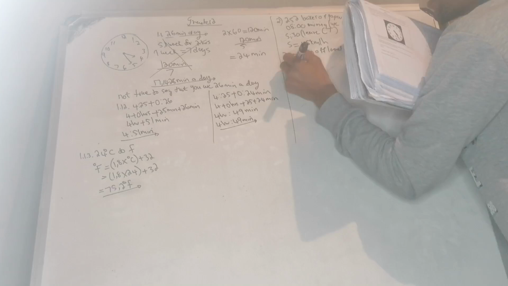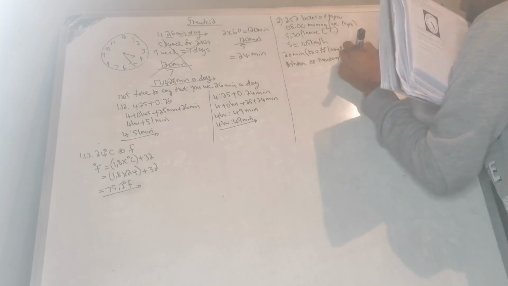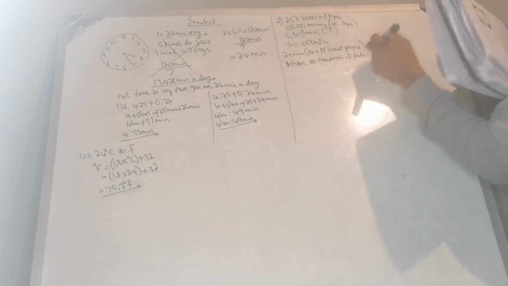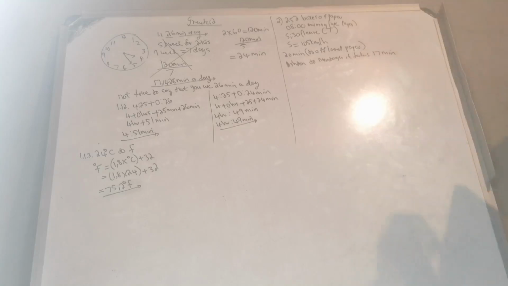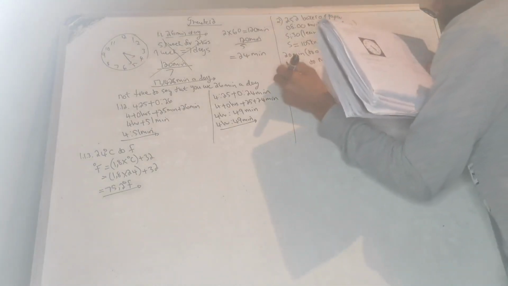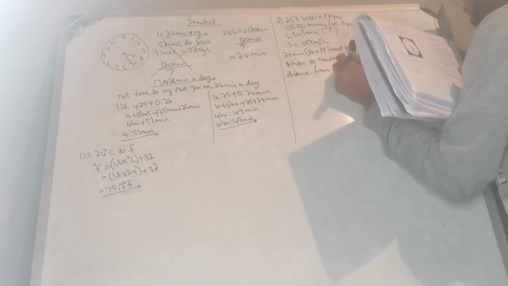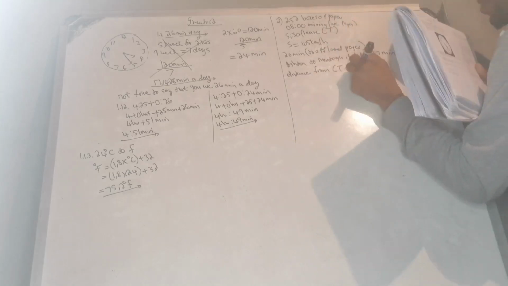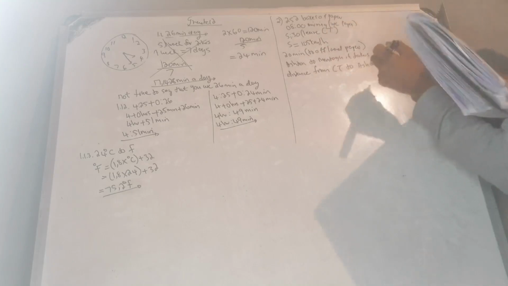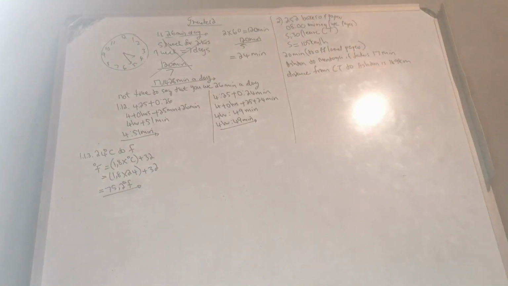The distance from Cape Town to Ashton is 189 kilometers.